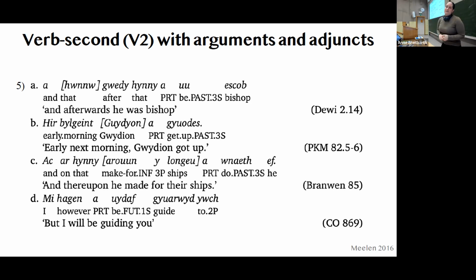And this is what you would see in things like Old Sardinian as well. Actually, if you look at Sam Wolf's work, then Old Sardinian is probably the closest to Welsh if you compare the word orders. So it would be verb second, but with some options of verb third, fourth, fifth, etc. But all of these options are really only adverbial adjunct type of things.